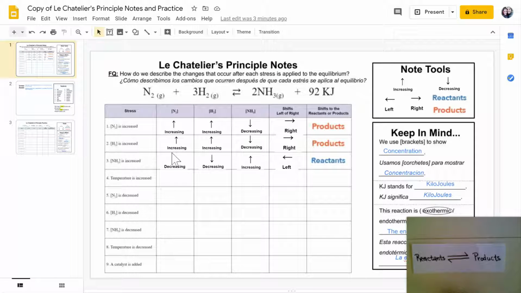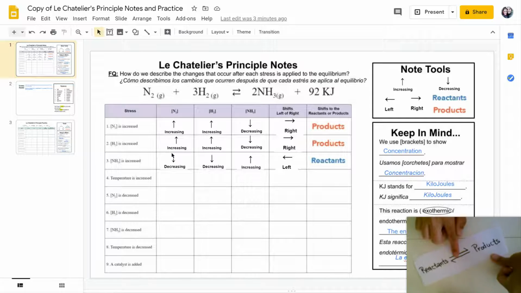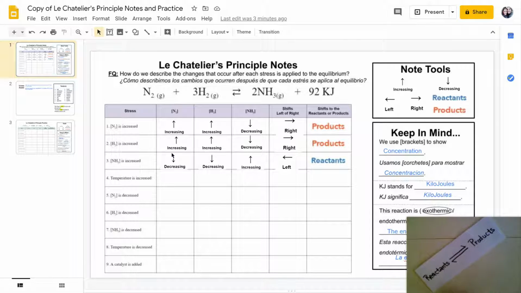So if temperature is increasing, then that means as the temperature goes up, our products go up as well, because again, it is on the product side. So what does that mean? Well, we saw that anything on the reactant side decreased.